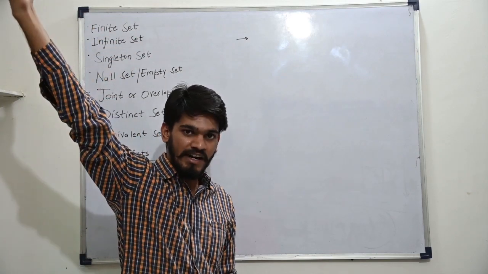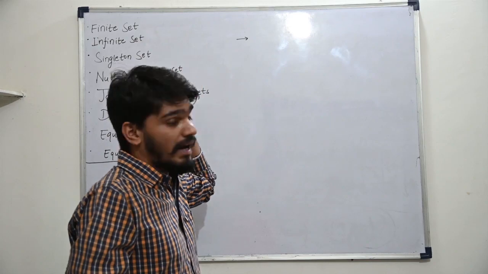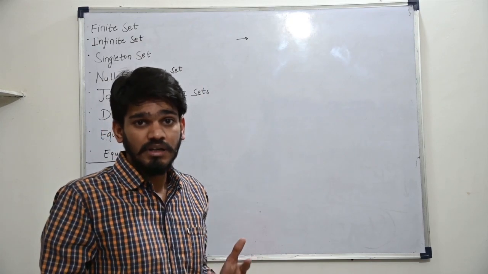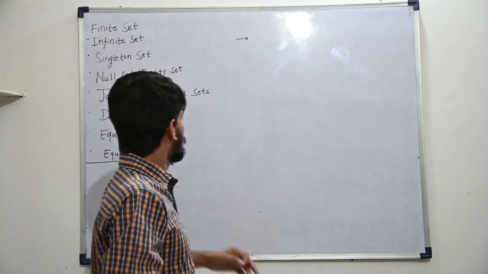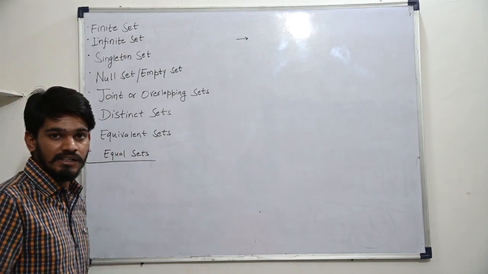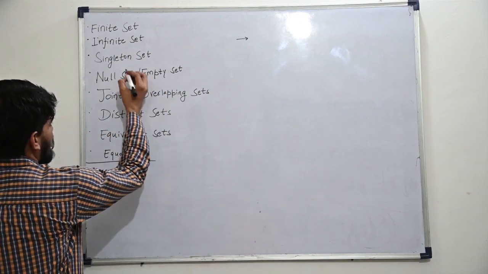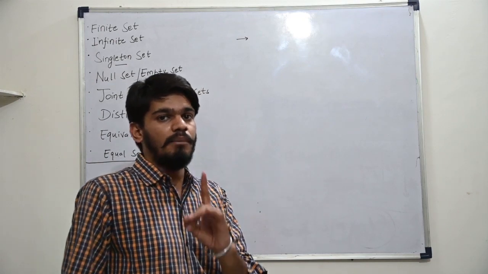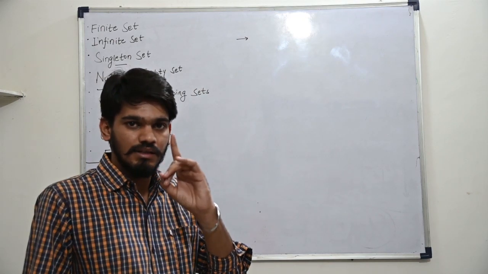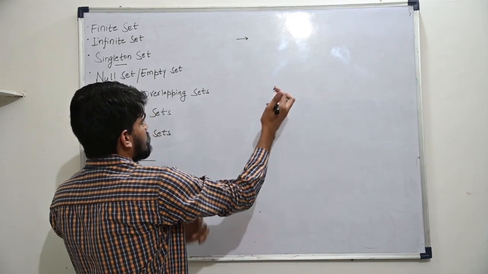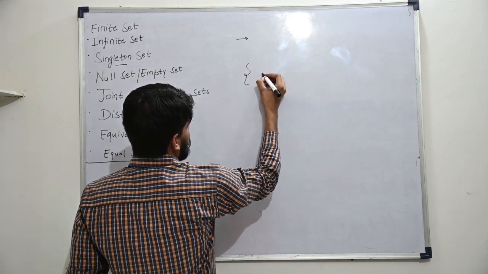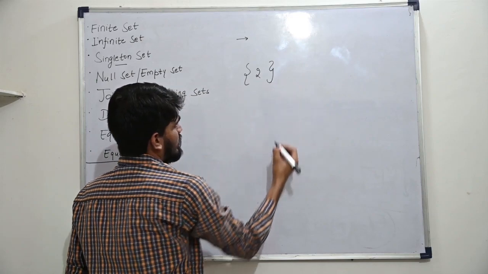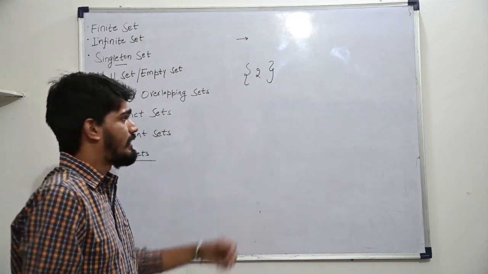So if I write a set of natural numbers, that will be considered an infinite set. Then we have singleton set. Singleton set is when the number of elements is 1. So for example, if I write a set in which only 2 is an element.